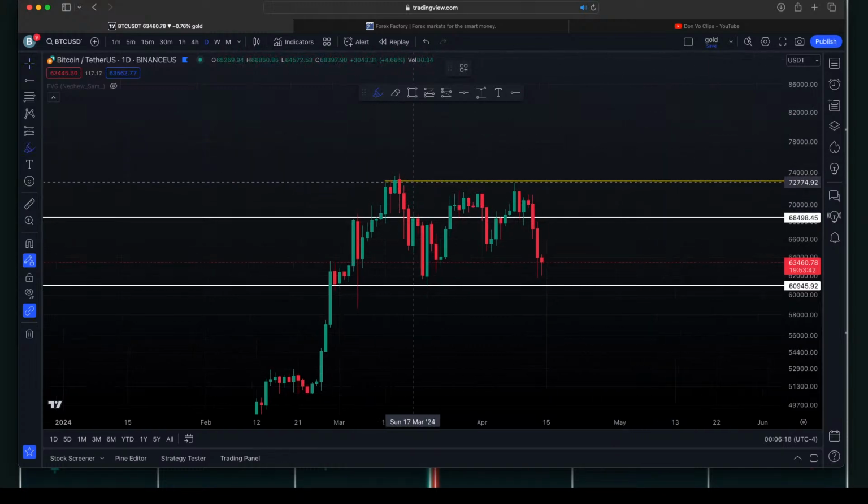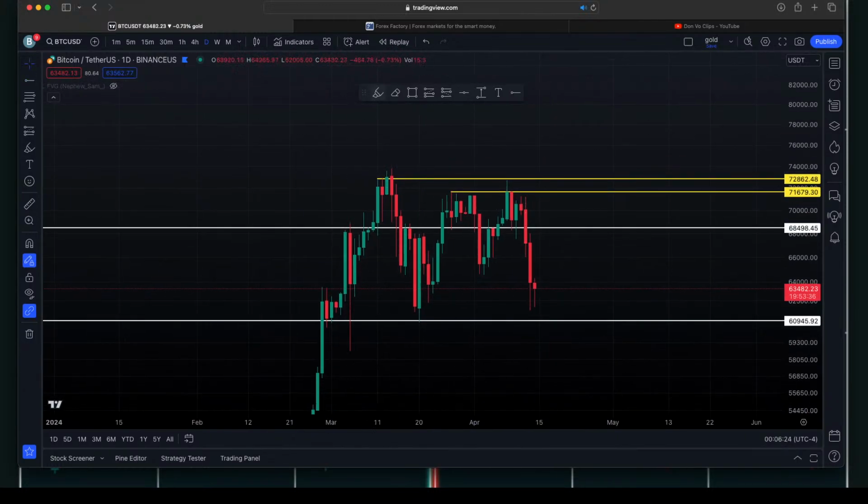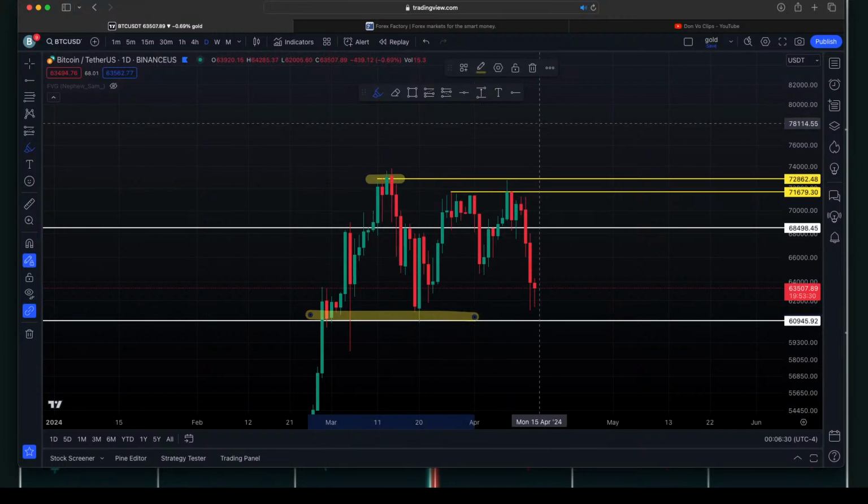So, and then as you can see right here too, the same idea is when we did break this high and we came down, we touched all the way down to the support.